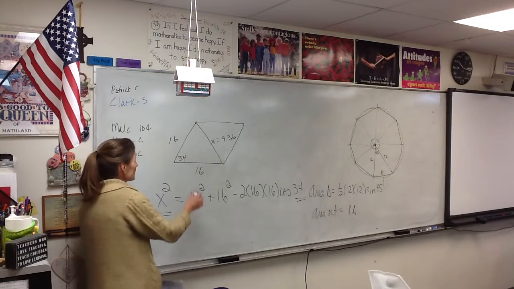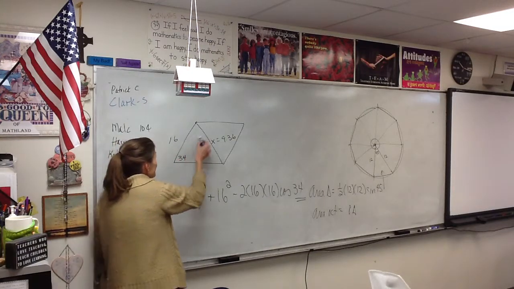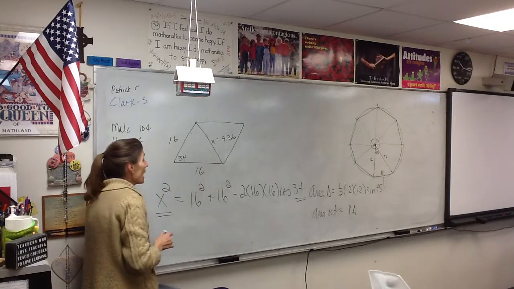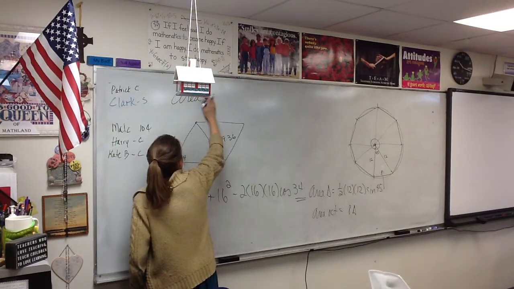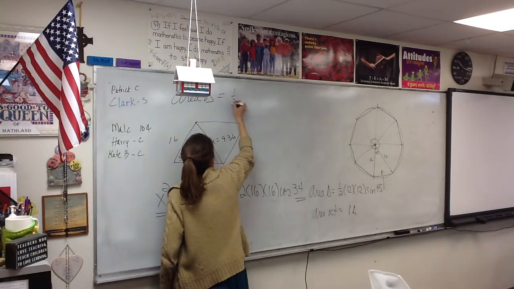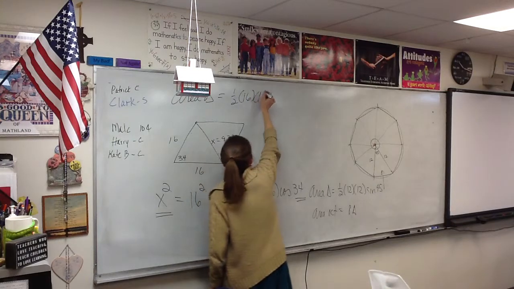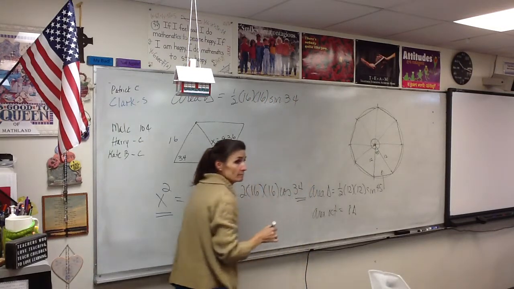So let's look at the scenario that we have. Could we find the area of this triangle right here? How would that look? The area of the triangle, how would that look? 1/2 times 16 times 16 times sine 34.